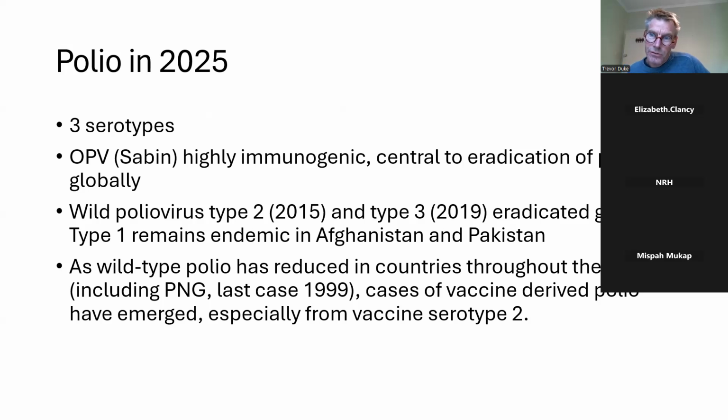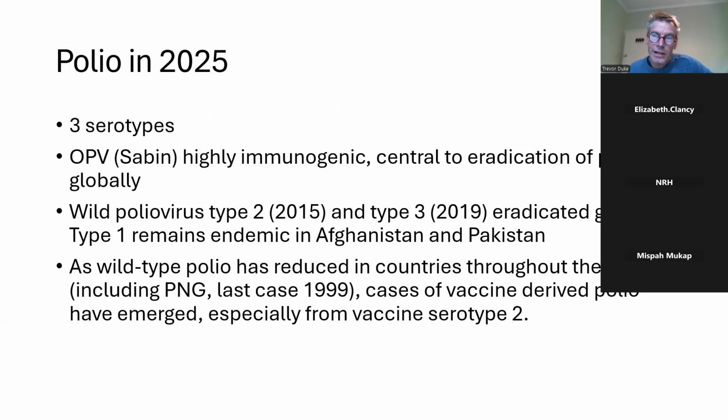And in fact, it's been so successful that 2 types of the wild type polio have been eradicated from the world, and that's wild type polio type 2 and type 3. It's worth remembering that 2 and 3 have been eradicated from the world.